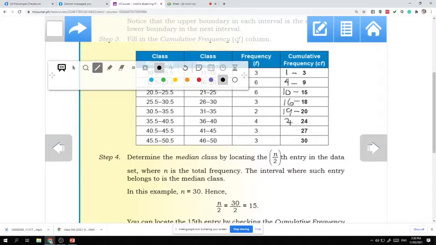This is 21 to 24. This is 25 to 27. This is 28 to 30. Now, pick the value of our n over 2. It's 15. We will locate it here. Where is 15? Sir, it's over here. So my CF is simply 15.